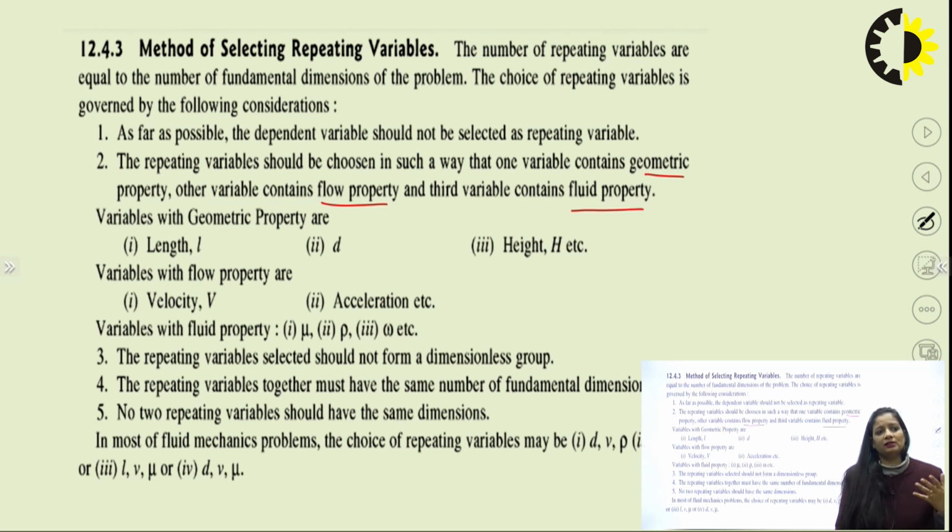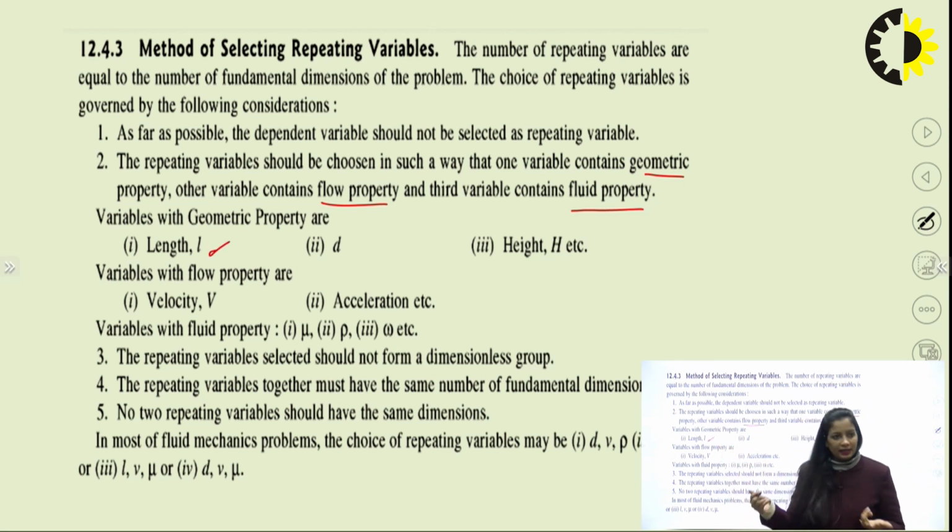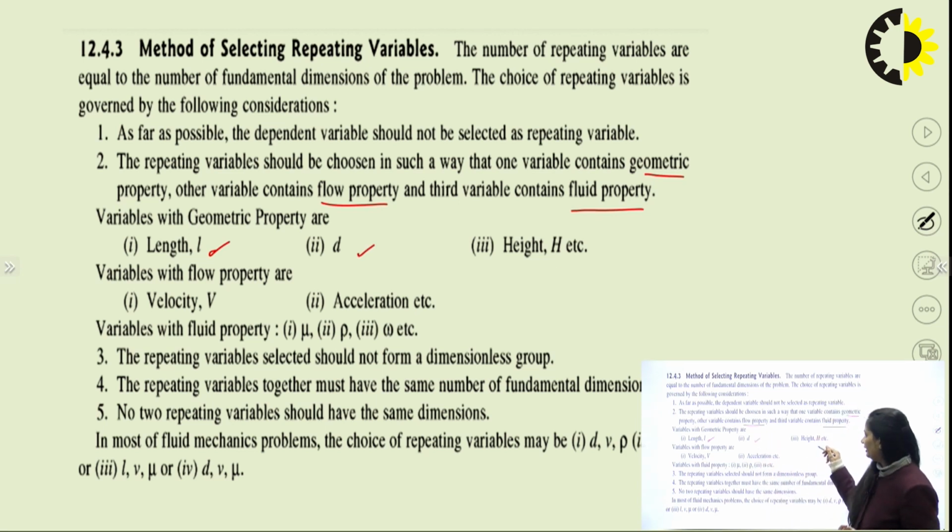What are these kinds of property actually? When we talk about geometric, that means it will be simple units of meter, centimeter or mm. So if you take any geometric property, that can be length, diameter, height or head.